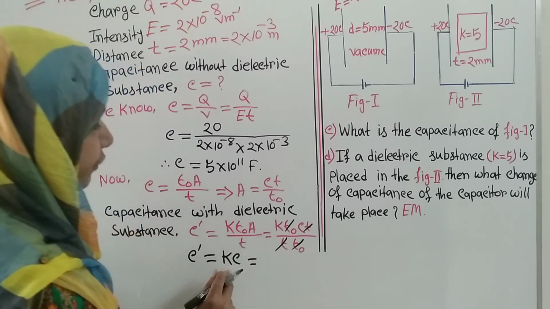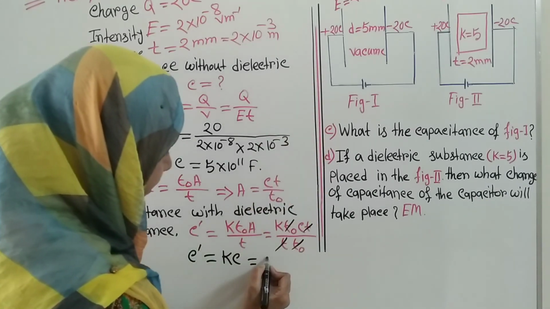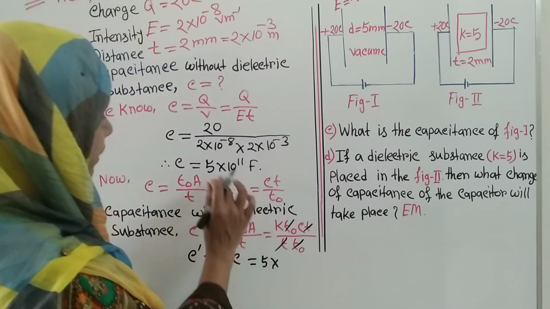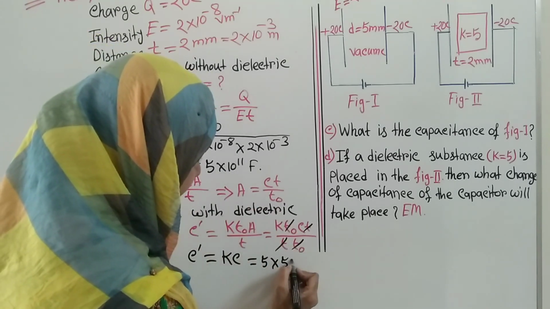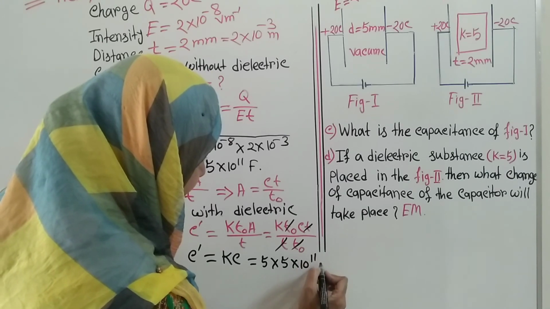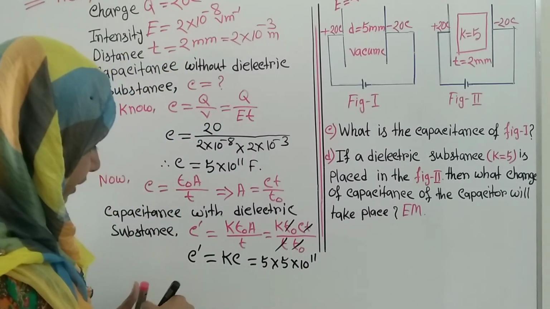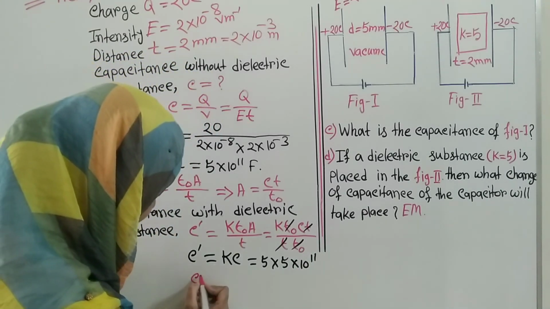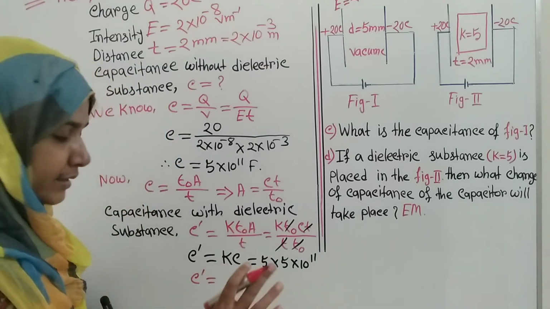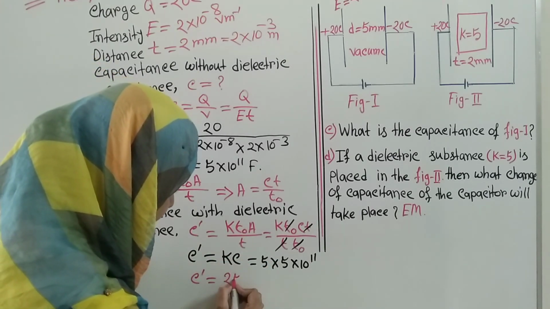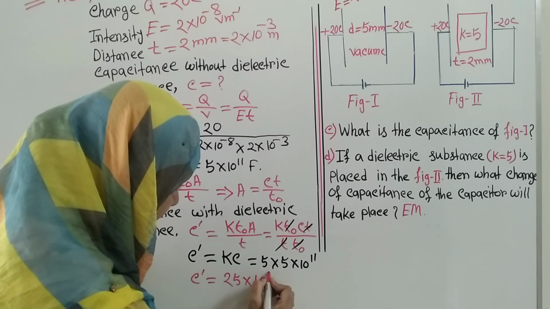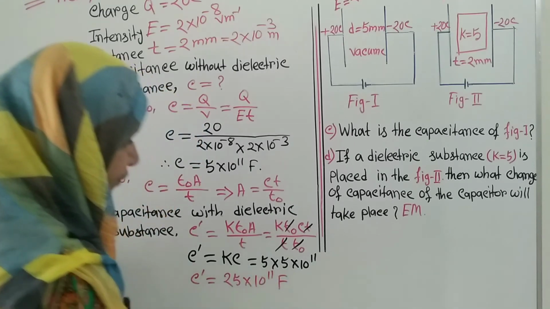The value of K is given here 5, and the value of C we already got is 5 into 10 to the power 11. So the value of capacitance with dielectric constant is 25 into 10 to the power 11 farad.